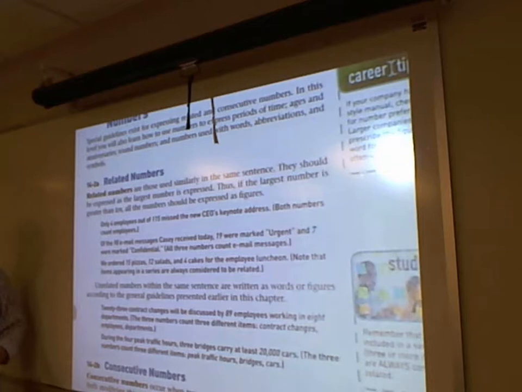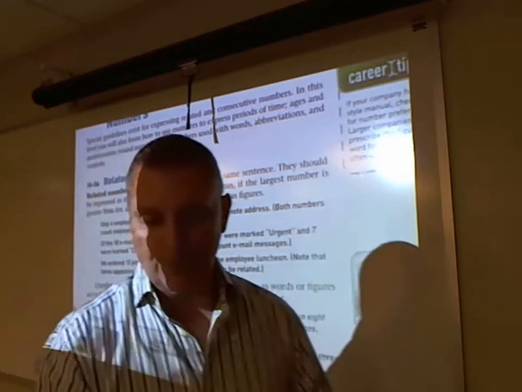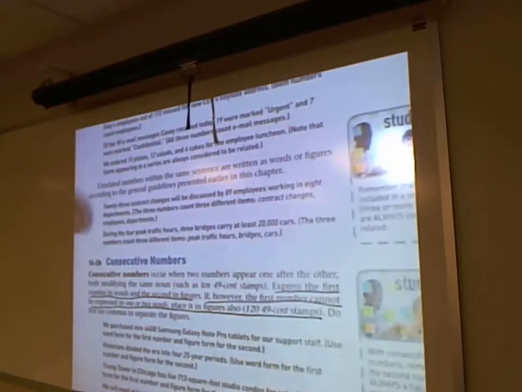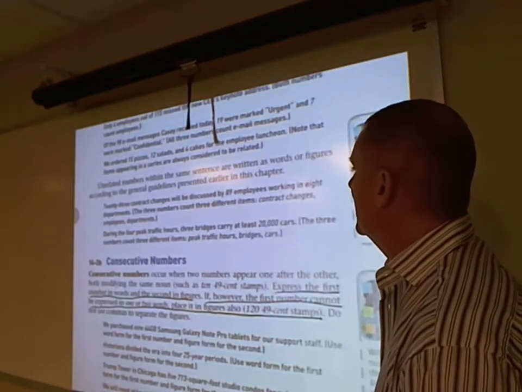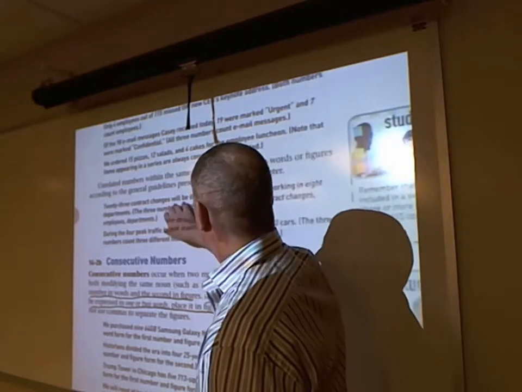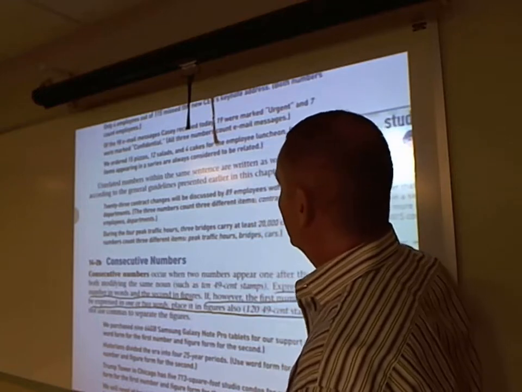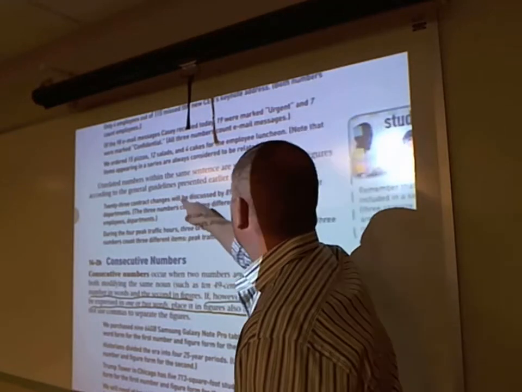Therefore, let's look at that section. Okay, twenty-three contract changes will be discussed by 89 employees working in eight departments. There are 3 numbers that we're looking at in this sentence. The first one, it doesn't make any difference. We're not even going to consider that particular number because it's beginning a sentence.